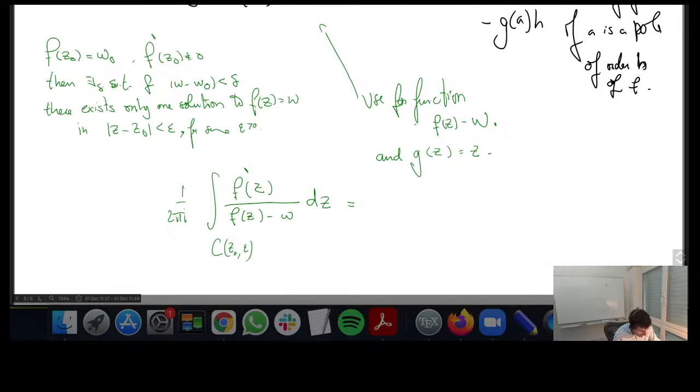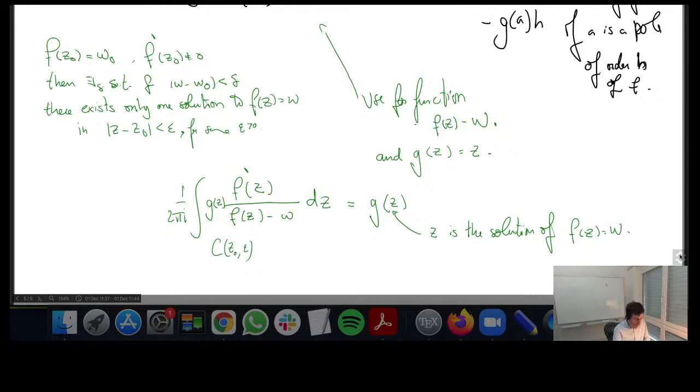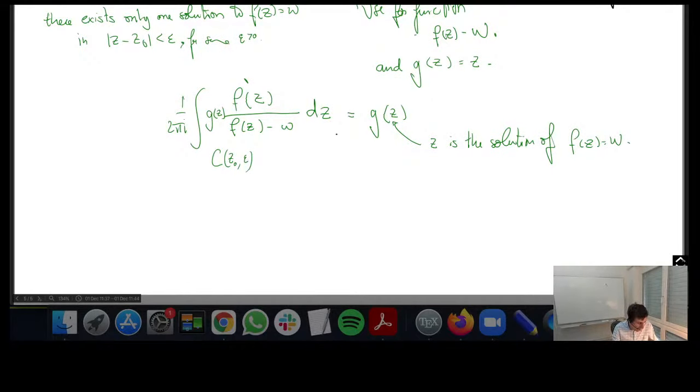I need g here, equals g of z, where this z is the solution of f of z equals w.